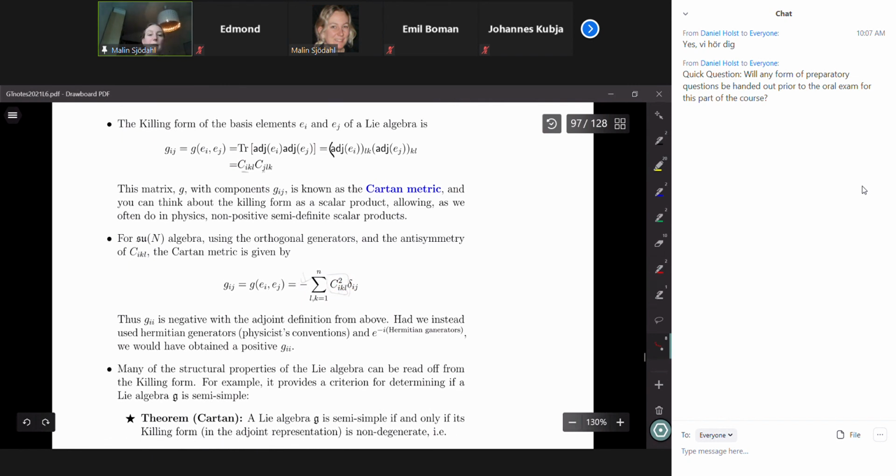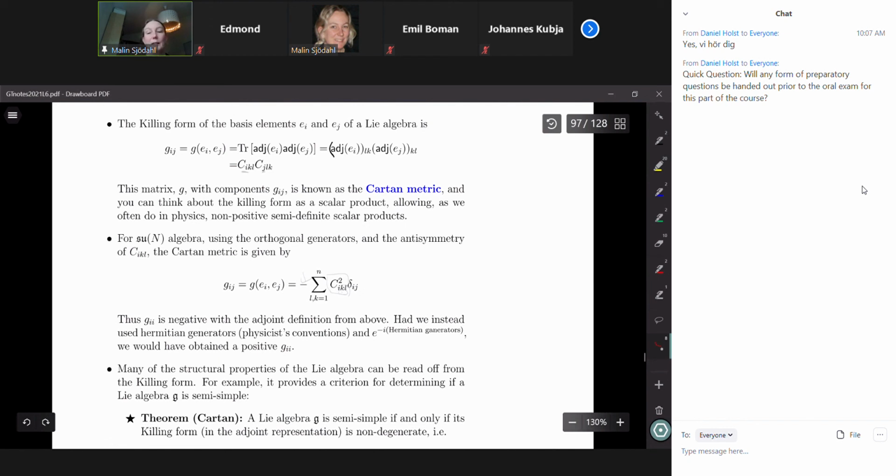So in fact, in the mathematicians' convention, without an i in the commutator and without an additional i in the exponent, this Killing form is negative. It's even negative definite. But if we had used Hermitian generators instead, the physicist convention, we would have essentially mapped the generators to i times the generators and compensated with some i in the exponent as well.